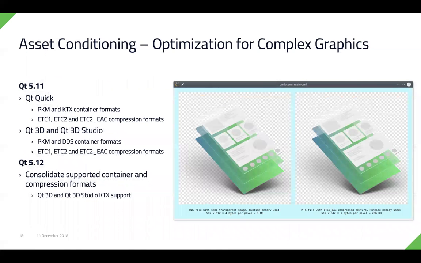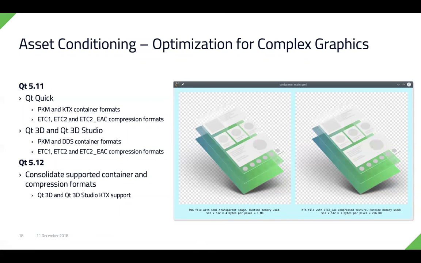We've done quite a lot of work on asset conditioning, meaning optimizing assets, especially graphical assets, at compile time for a certain hardware. This is especially important if you are using embedded devices. With that asset conditioning support that we now have, you can create, for example, compressed textures at compile time and use those instead of PNGs.